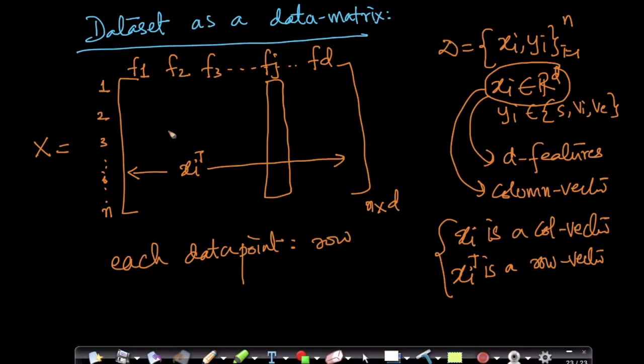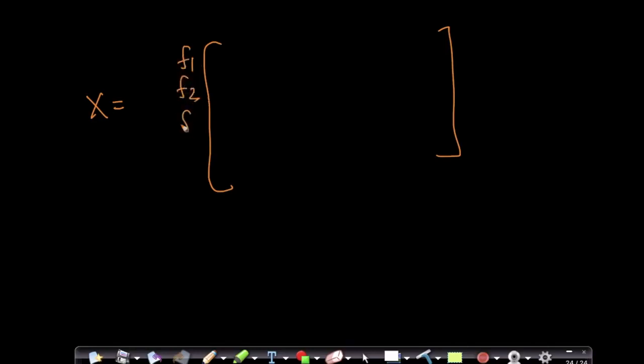This is one way of representing it, and each column represents a feature or a variable. There is also a similar way of representing it, let me show it to you, where my X could be represented with each row representing my features, f1, f2, f3, and so on, fj, up to fd.